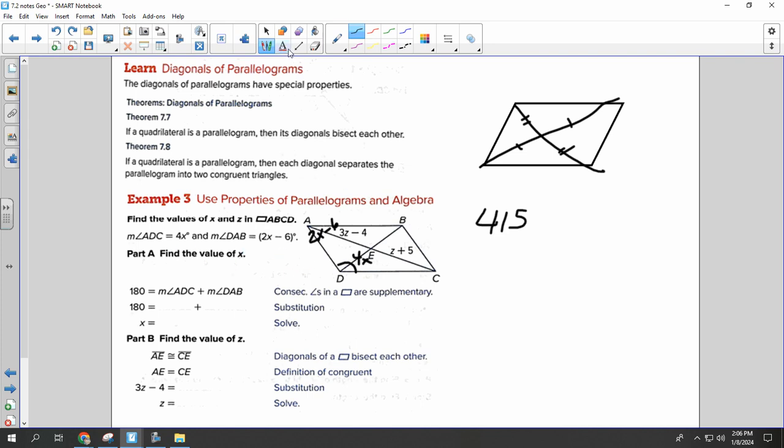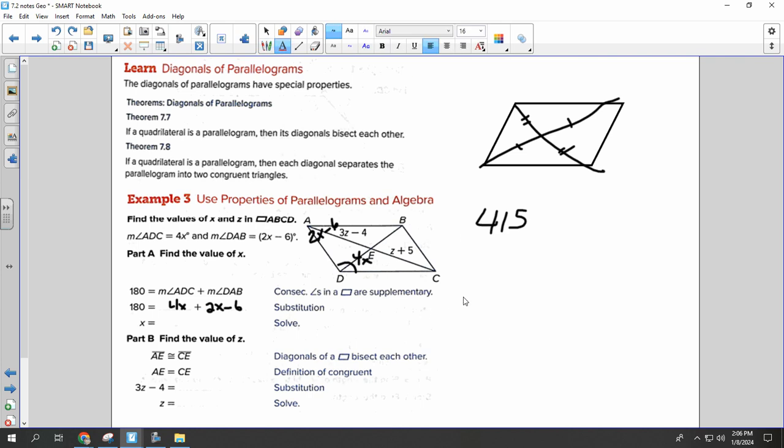So we can say that when I add ADC and DAB, that's going to be equal to 180 because they're consecutive angles. Consecutive angles are supplementary. So ADC is 4x, DAB is 2x minus 6. Then I solve by combining like terms.